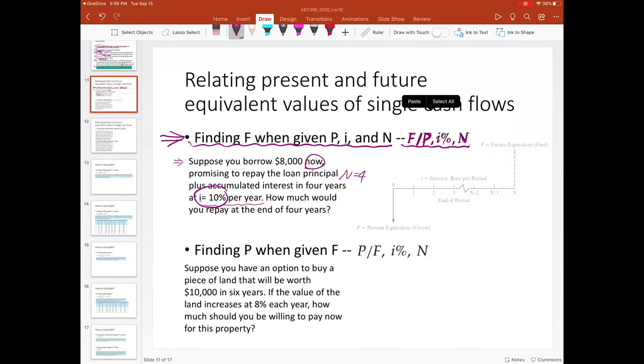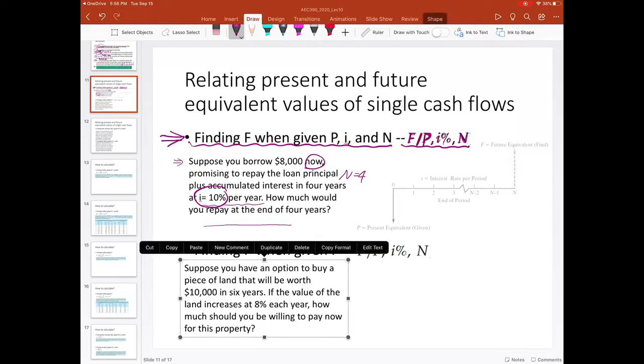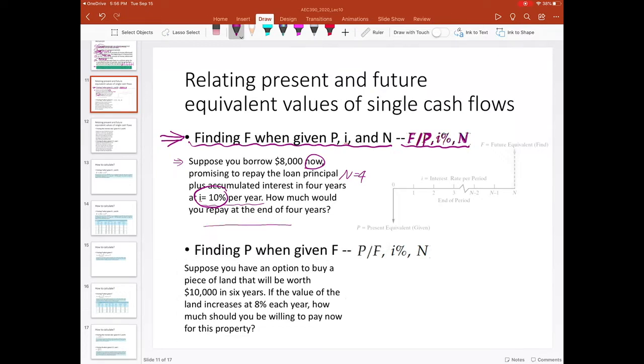So you're looking for the future equivalent of this cash flow, right? And you can draw this type of cash flow like this. So you have the timeline, and you look at this from your viewpoint. So you have 0, 1, 2, 3, and 4, right? And you borrow 8,000 now, so you have 8,000 as income.